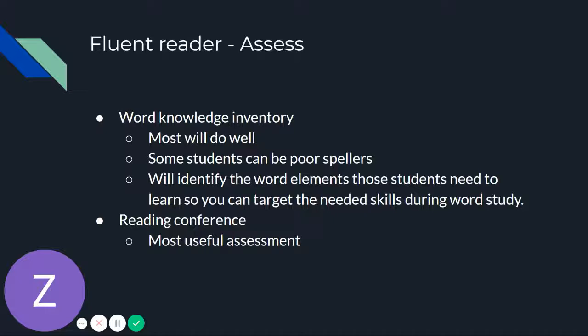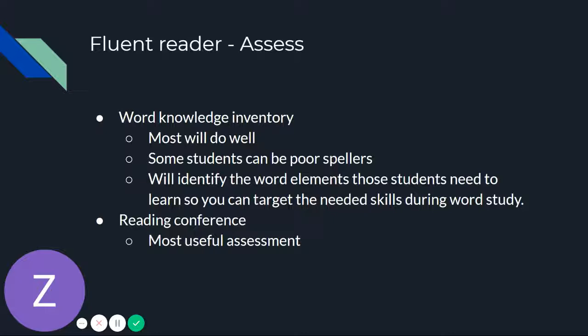It doesn't mean that their comprehension is always there. And a word knowledge assessment will identify the word elements that the students need to learn, so in the lessons, you can target what kind of words and skills they need to work on.